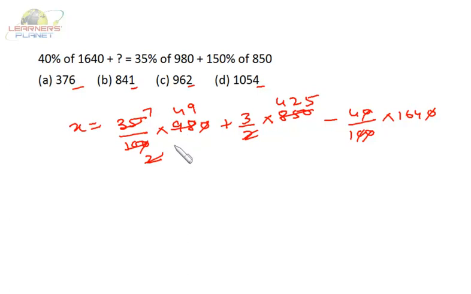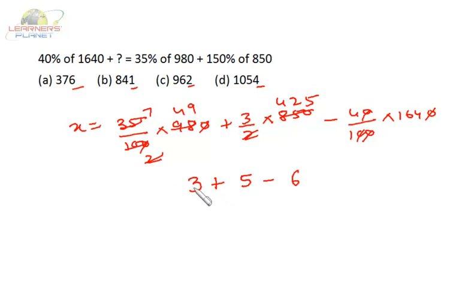Now let's calculate the unit digit of this particular expression. How do we find the unit digit? Just keep on multiplying the unit digits. So it's 7 into 9, 63, that means the unit digit is 3, plus 3 into 5, the unit digit will be 5, minus 4 into 4, 16, that means the unit digit will be 6.